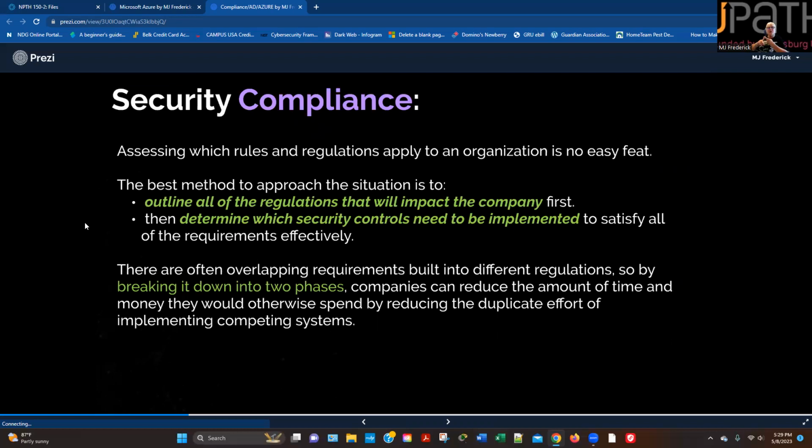Then you need to determine what security controls you need to implement to satisfy all of those requirements and regulations effectively and efficiently. Sometimes you're going to have overlapping requirements built into different regulations. So by breaking them down into the two phases, companies can reduce the amount of time and money they would otherwise spend by reducing the duplicate effort of implementing competing systems.